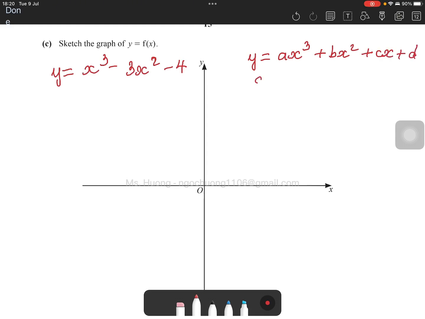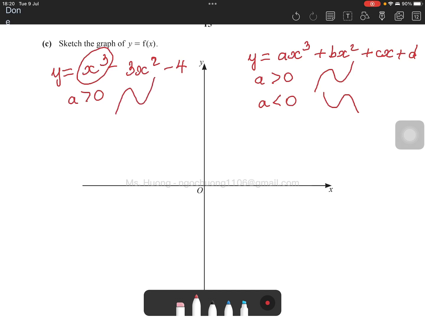If a is positive, then the graph has a form like this, and if a is negative, then the graph should look like this. In this case, we see that the coefficient of x cubed is positive. So a is positive, so we know that the form of the graph should be like this.